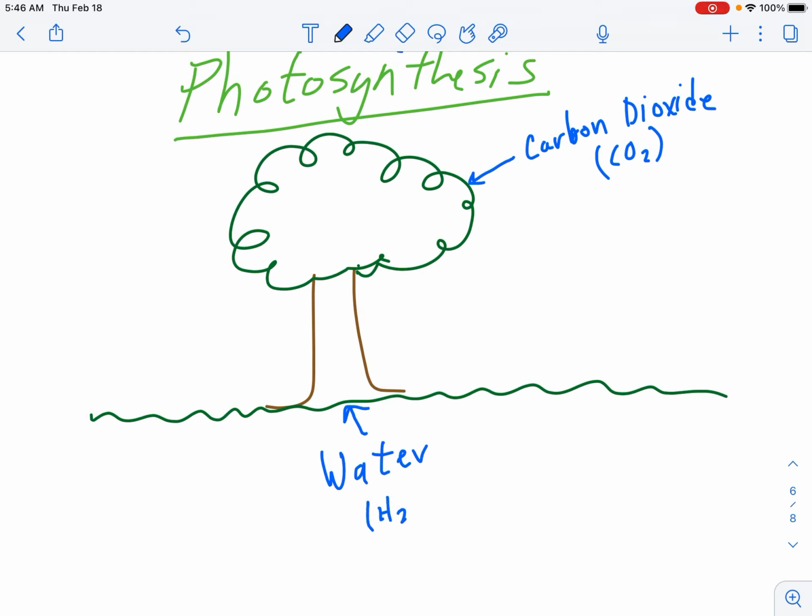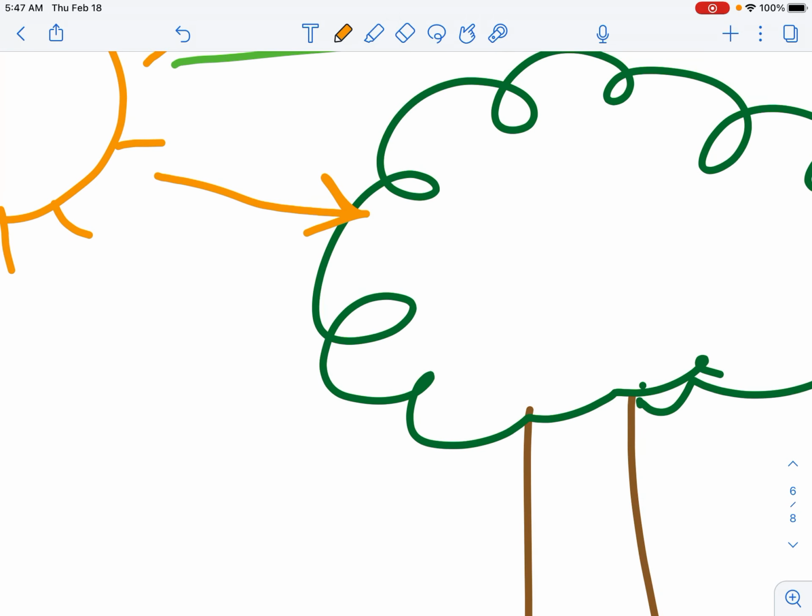However, we also need some energy from the sun. So we need to draw some light energy. So I'm just simply going to draw a very simple sun. And draw an arrow towards the plant so it is absorbing it, and label that as light energy.